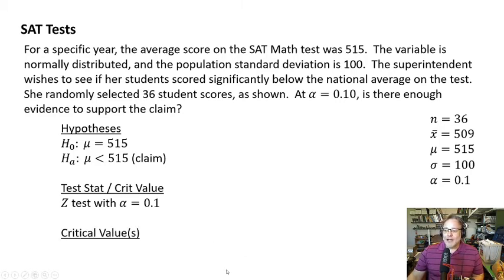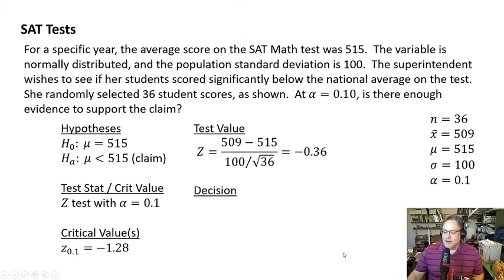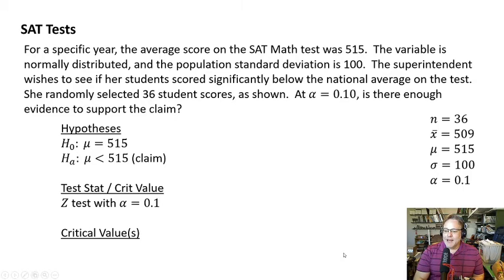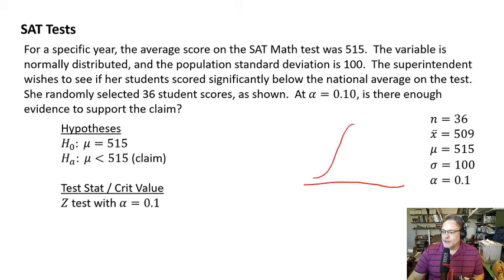So the critical values here are going to come from the fact that we are working again with a normal distribution, which I'll just draw over here for the moment. And the fact that this is specifically less than says that this is going to be a one-tailed test, a left-tailed test.